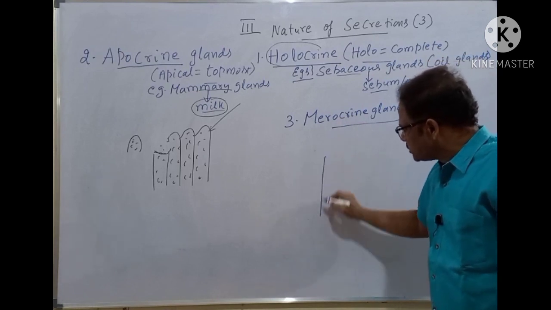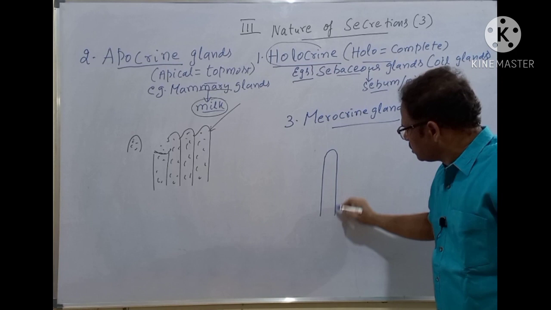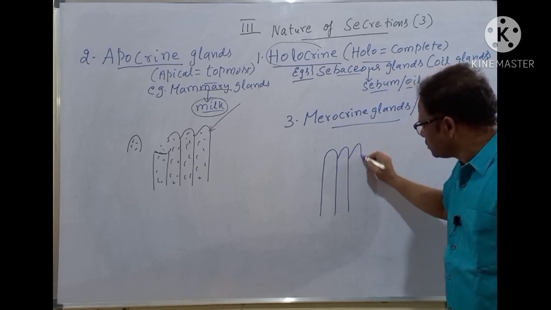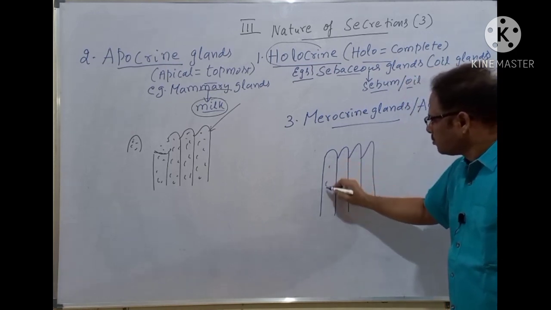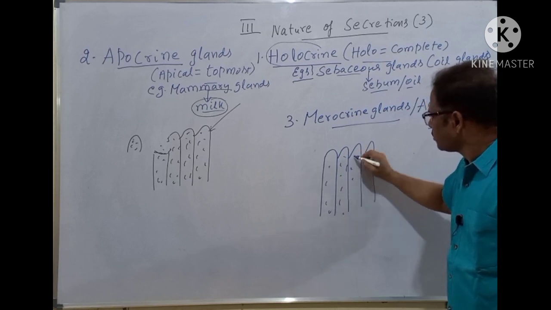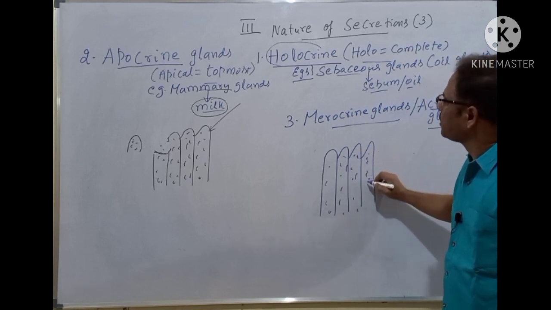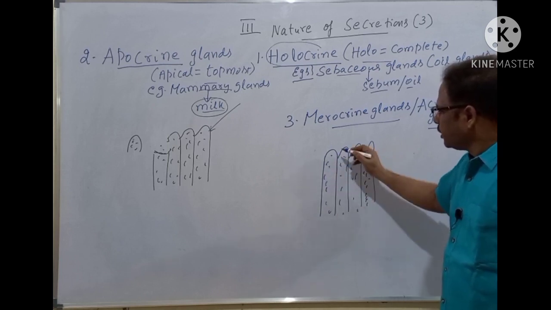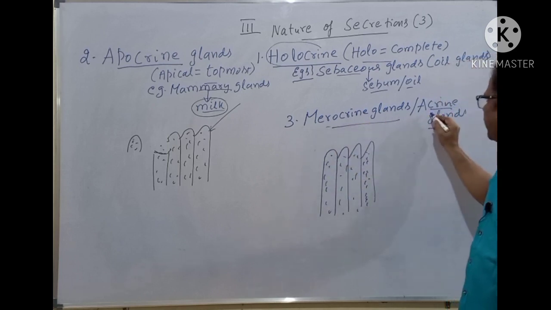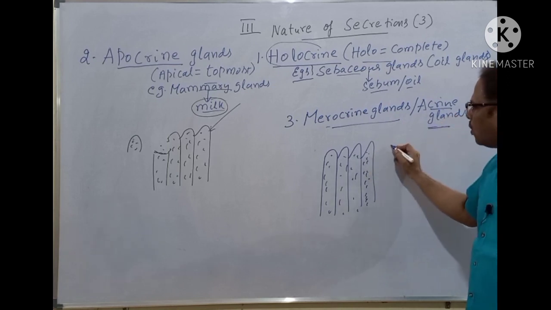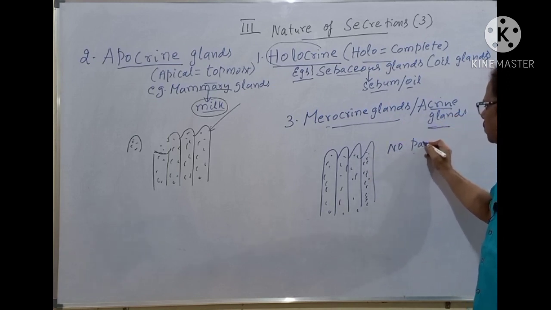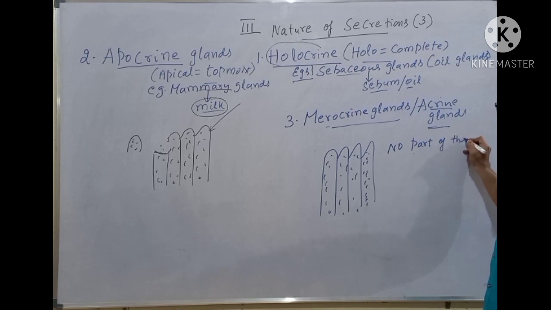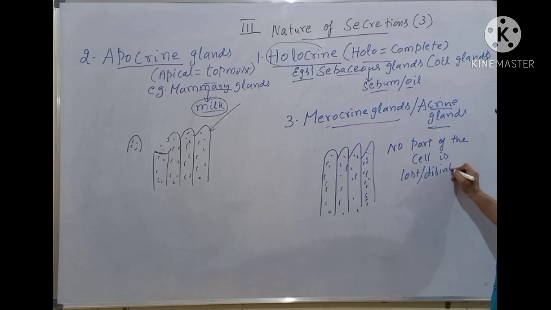For example, this is a pancreas. Here, merocrine gland or eccrine gland means no part of the cell is lost or disintegrated.